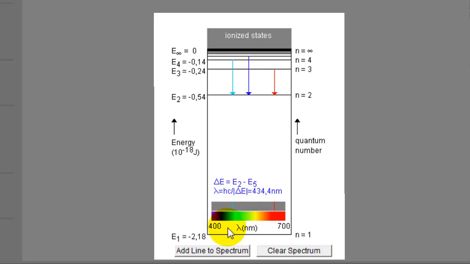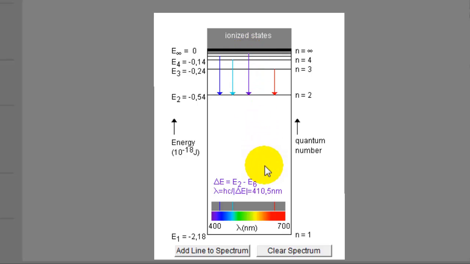I wonder if there's a line before 400. Let's see if we can take the other line here. So it's from n equals 2 to n equals 6. Maybe there. Aha, that's just over 400, so that will also be added to the line spectrum.